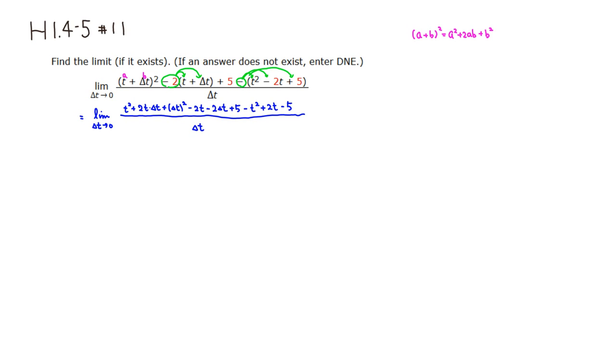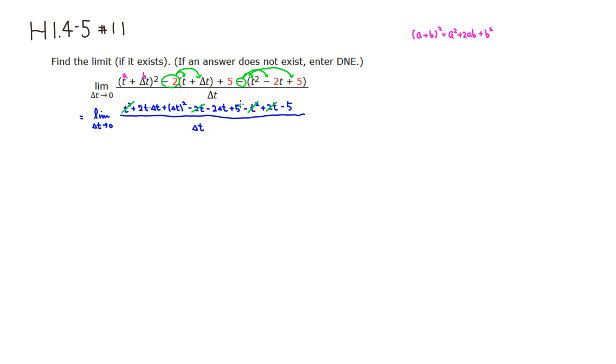Then we can do some cancellation here, right? So you have a t squared minus t squared. There's a negative 2t here, and there's a positive 2t there.